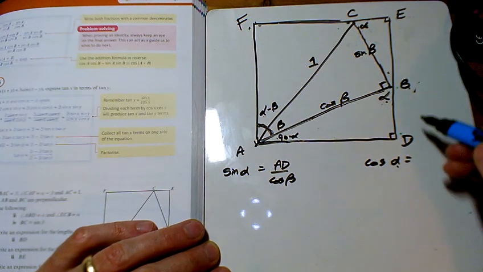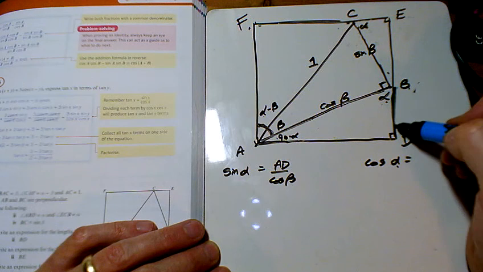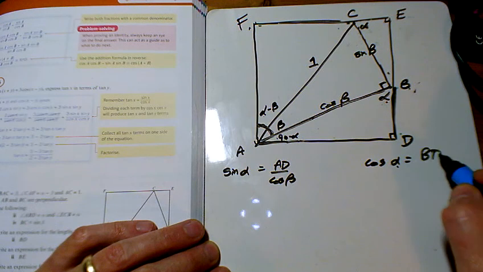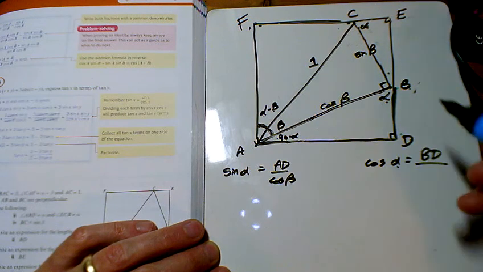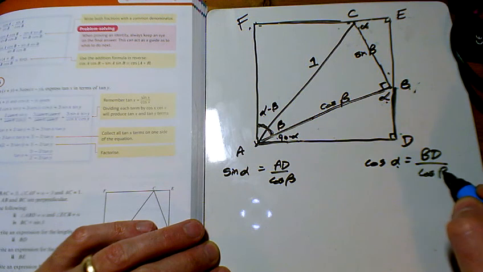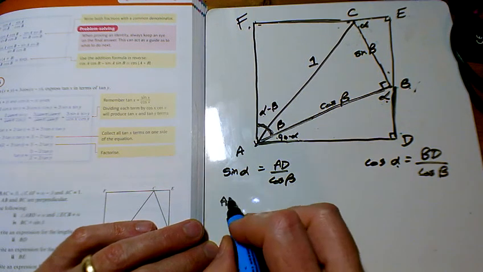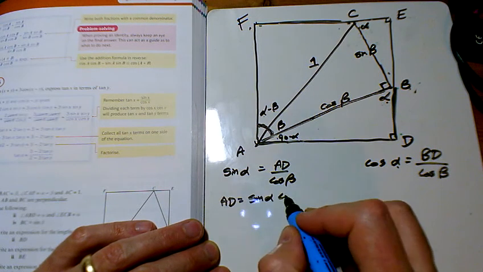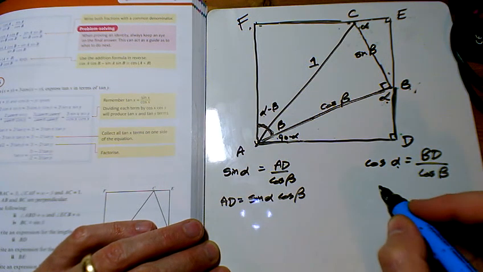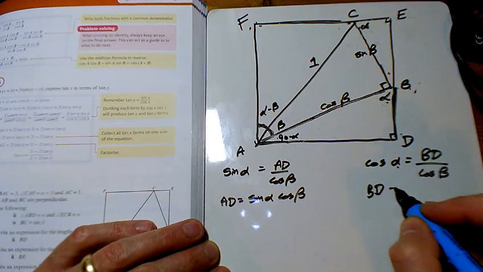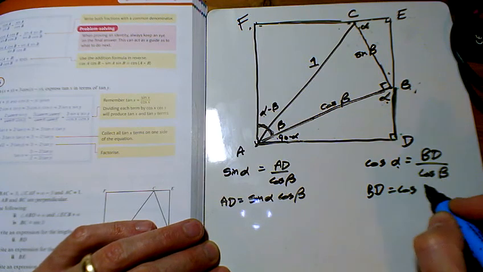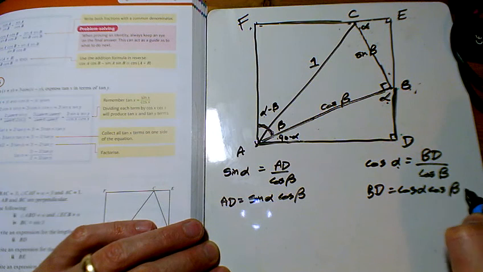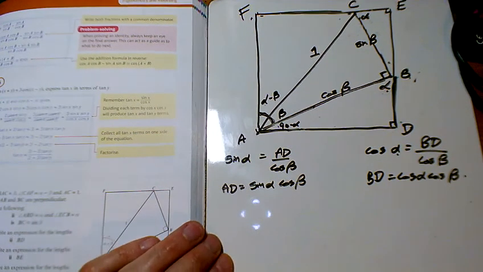And the cos of alpha here is the adjacent side, this side here, BD, divided by the hypotenuse again, which is the cos of beta. And just by multiplying that up, I can get 2 useful pieces of algebra. BD is equal to cos alpha times cos beta. And that's part B of the question.